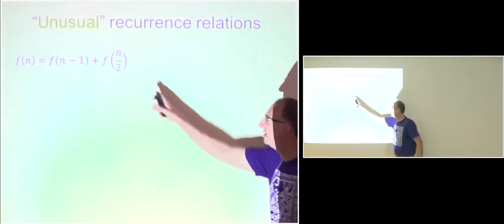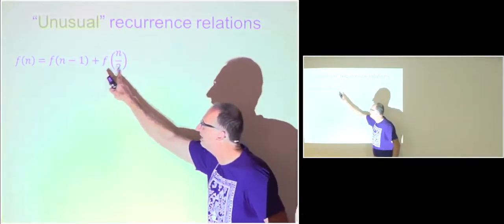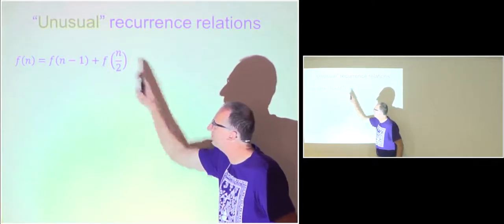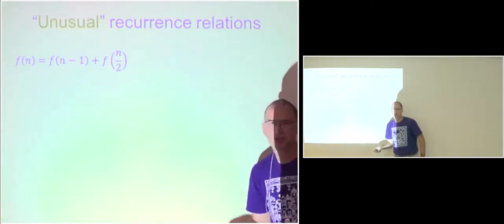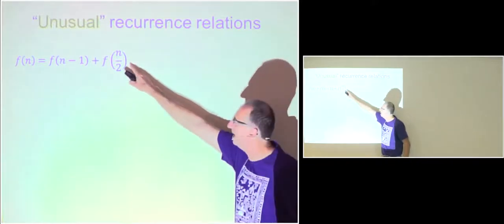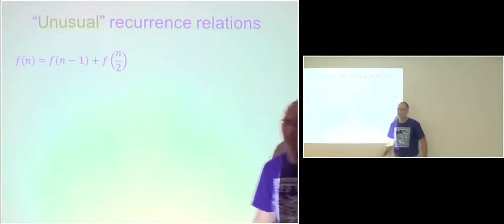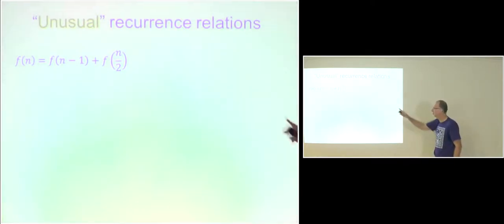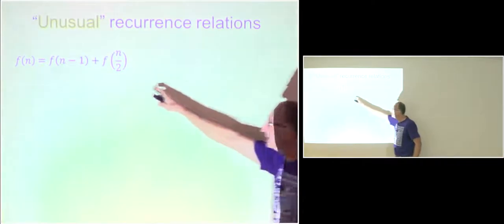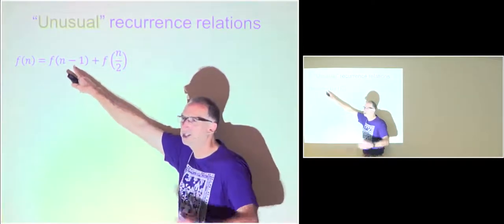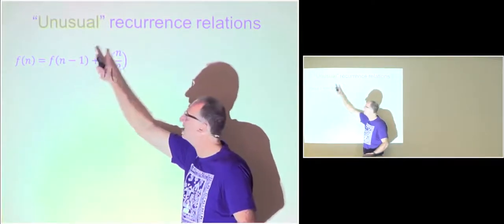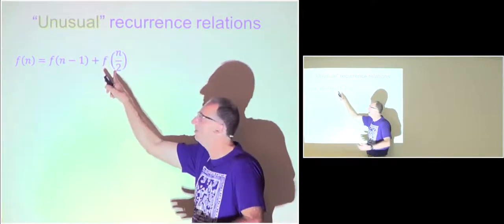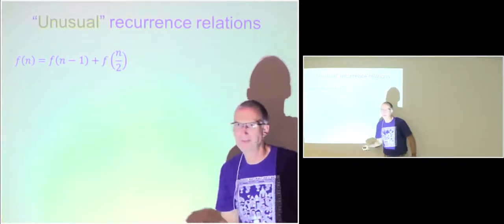We would get a recurrence relation of something like the following. Actually, add here 1, just to make it more precise, or you can just say that f of 0 is 1. This is the first recursive call in which we just decrease the size by 1, and a second recursive call in which we are likely to halve the size of the problem.